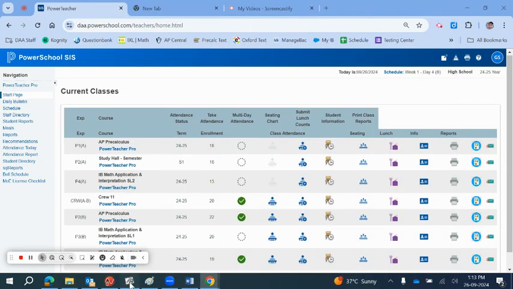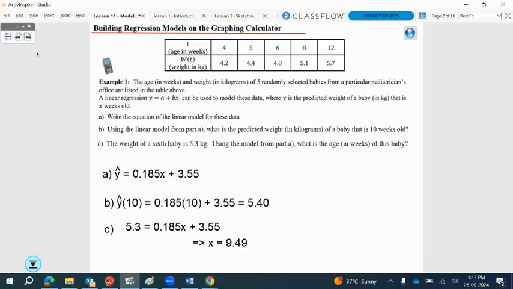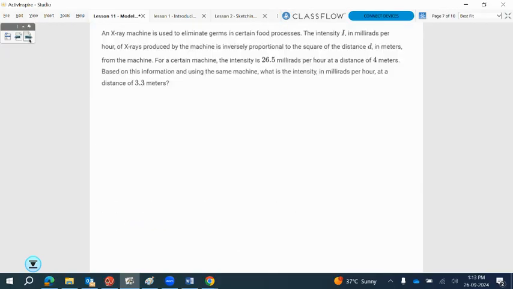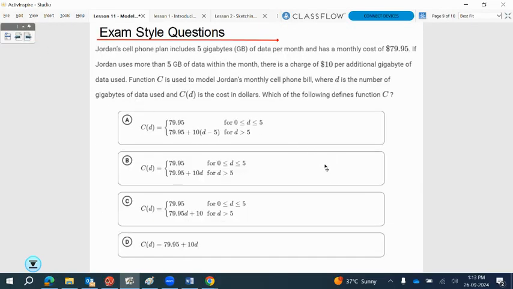My recording's gone. Okay, so for this last one, let me try and sync these two. We need to use something, where's my highlighter pen?